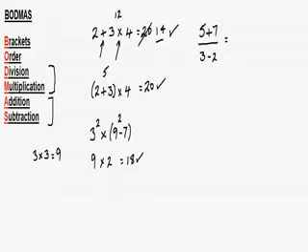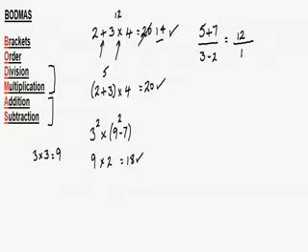And we can see division comes above addition and subtraction, but we can't divide until we have a single number on the top and a single number on the bottom. So we need to work out the top and the bottom so that we can then divide. So 5 plus 7 is 12, and 3 minus 2 is 1.